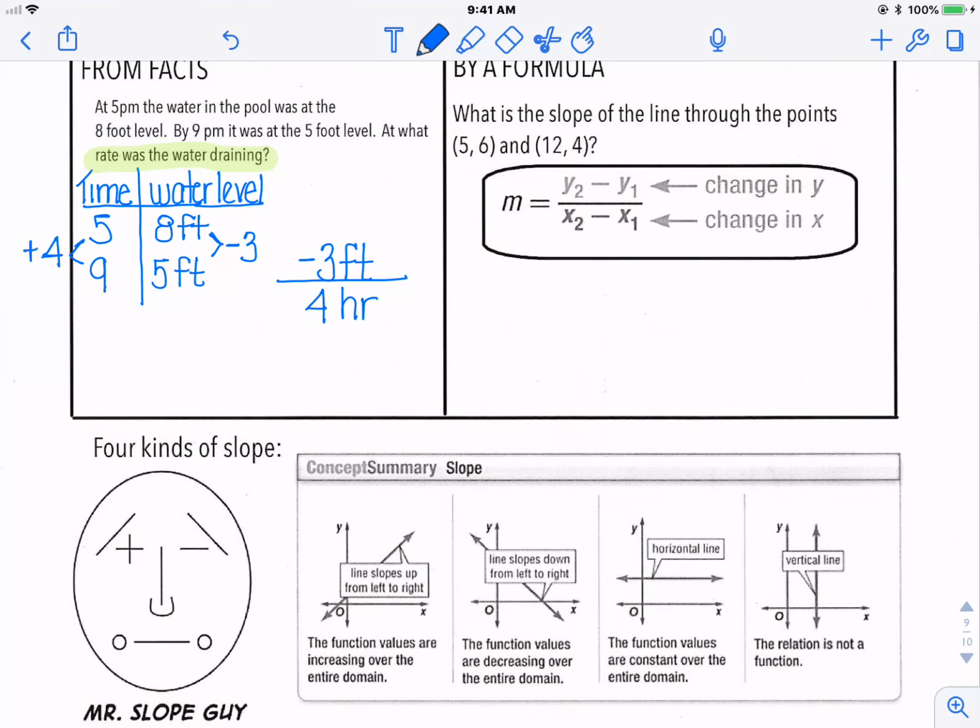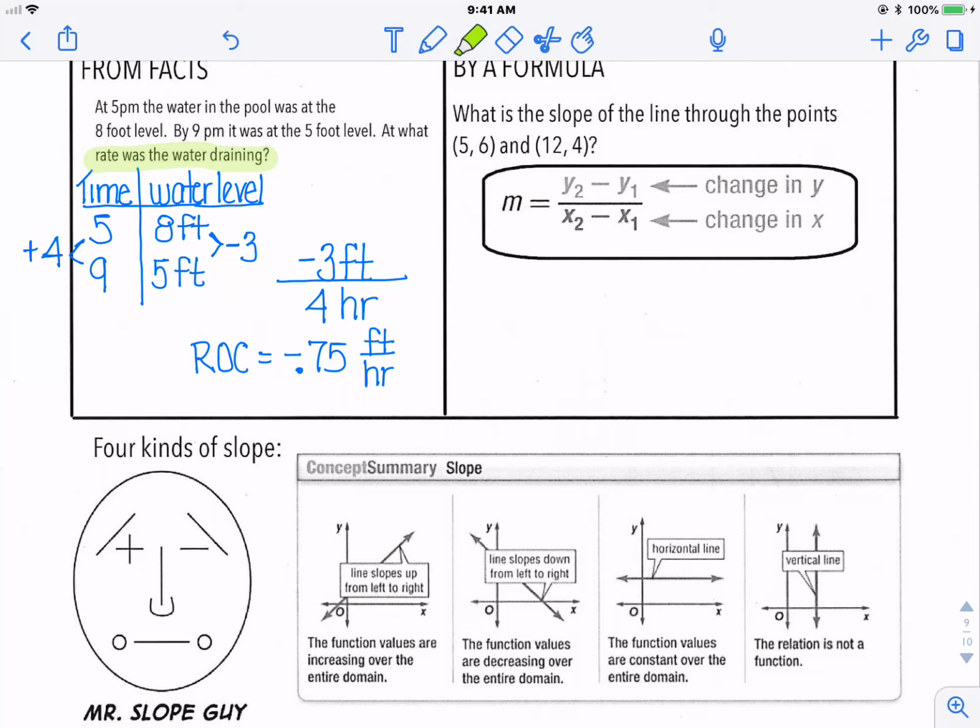So when I divide this out to get my rate of change, or the slope that they're talking about, I'm going to get negative, and I can also leave it as a fraction, by the way, -3/4 of a foot per hour. What that's telling us is that on average, that pool is losing 3/4 of a foot of water every hour that it was draining.